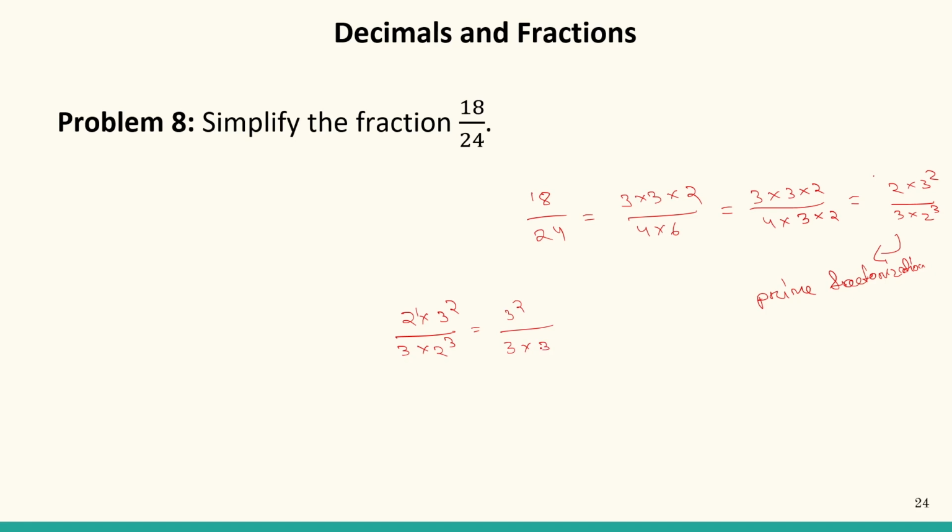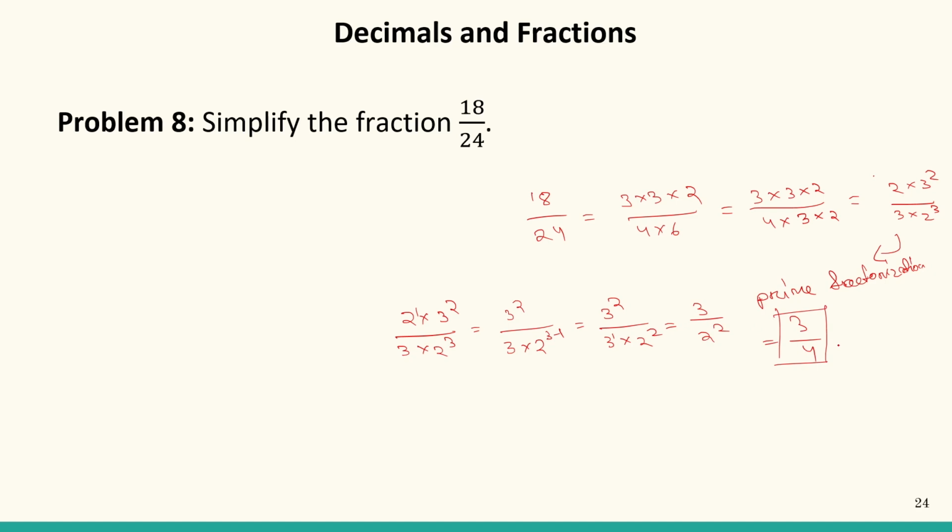We can cancel 2 power 1 with one of the 2s in the denominator, so the denominator becomes 3 into 2 power 2, and the numerator is 3 power 2. We can cancel another 3, which further simplifies to 3 by 2 power 2, that is equal to 3 by 4.